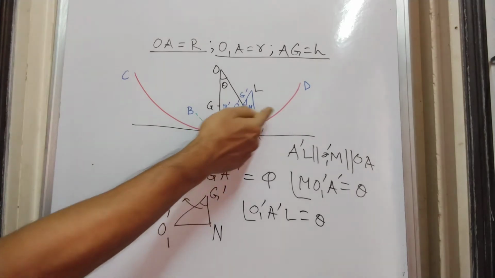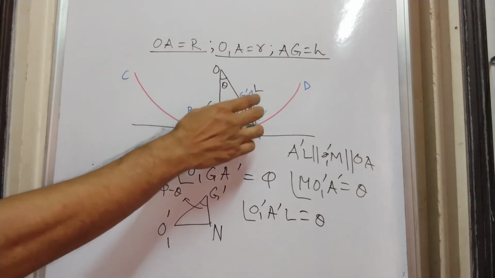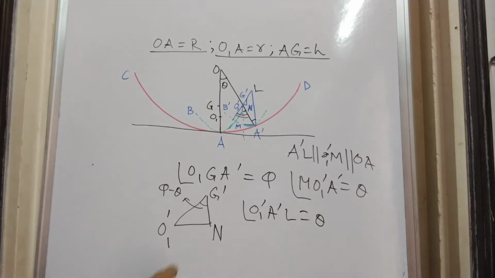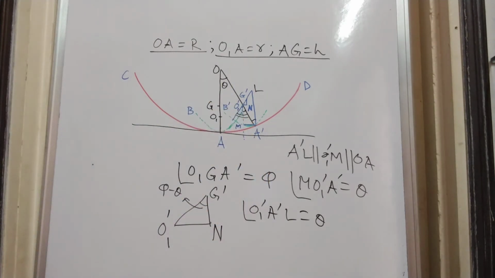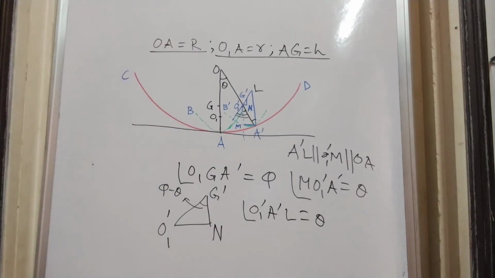So the perpendicular to this tangent is this, and these two forces bring this body to the original position if and only if this O1 prime M is shorter than A prime M, because then the reaction and weight will move it back to the previous position.